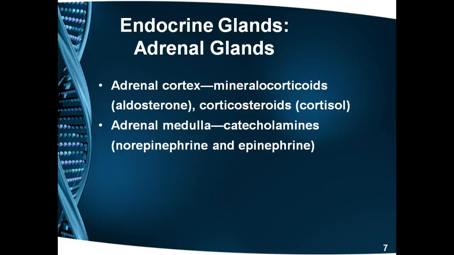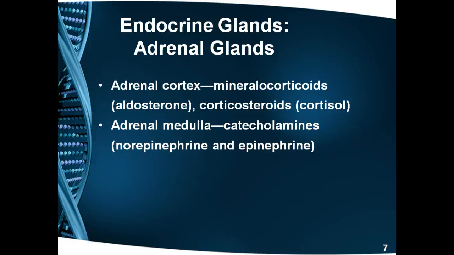The adrenal gland consists of the adrenal cortex. The adrenal cortex has what they call mineral corticoids, which consist of aldosterone, and then they have what they call corticosteroids, which consist of cortisol.